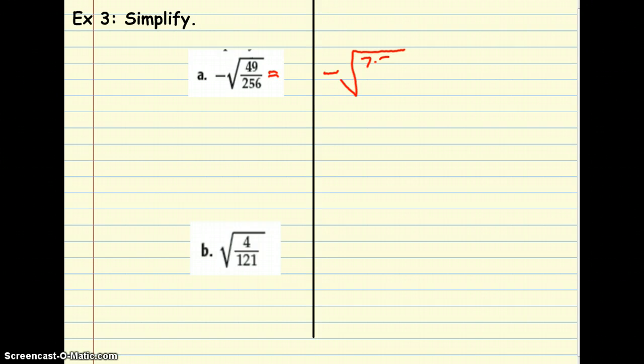So 7 times 7, and 256 is also a perfect square, 16 times 16. So then that means the negative square root of 49 over 256 is -7/16. Okay? You just pull one of those two numbers out and then you can get rid of the radical symbol. Now, pause the video real quick and try the second one on your own.